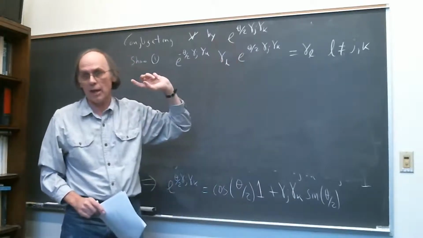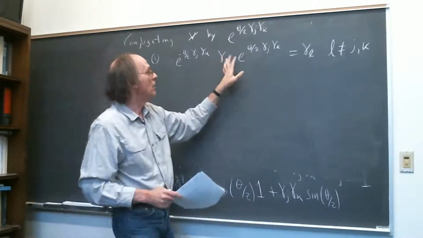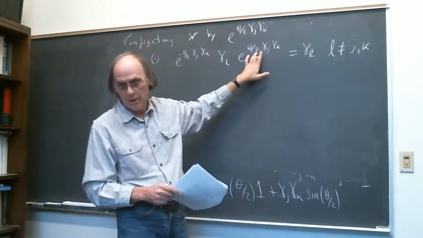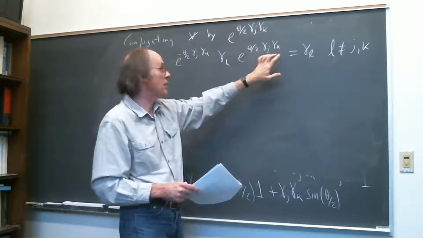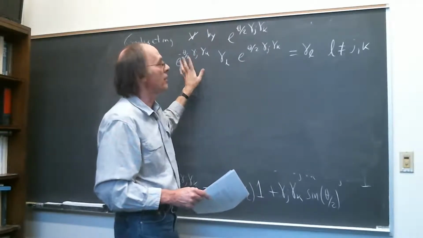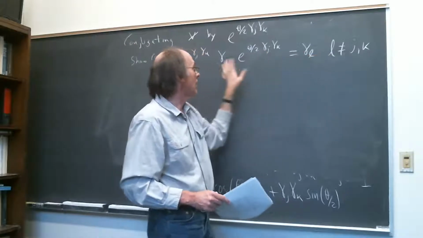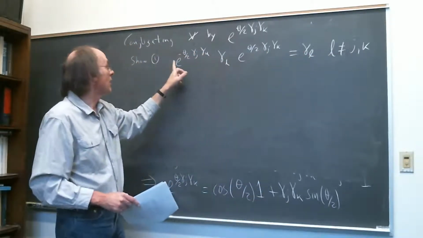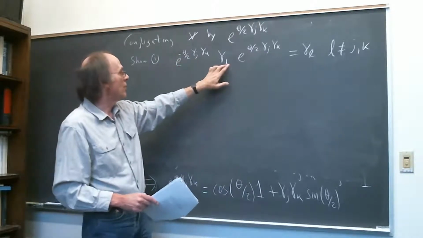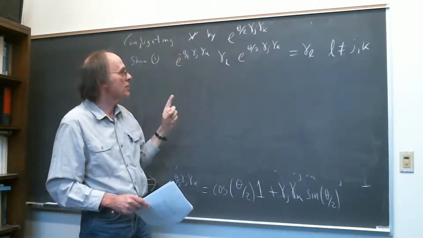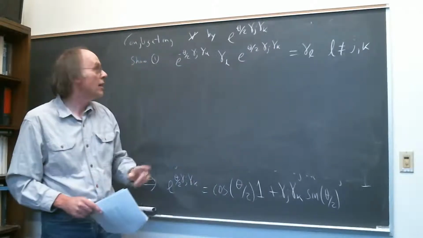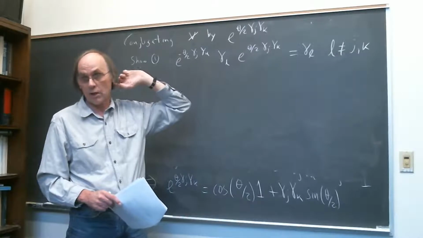with the gamma j and gamma k, and you can then use a series expansion for the exponential to see that you can just move this over here and nothing happens. So what this guy does, if you take something which is not in the jk direction, which is in some orthogonal direction, it's going to leave it alone.